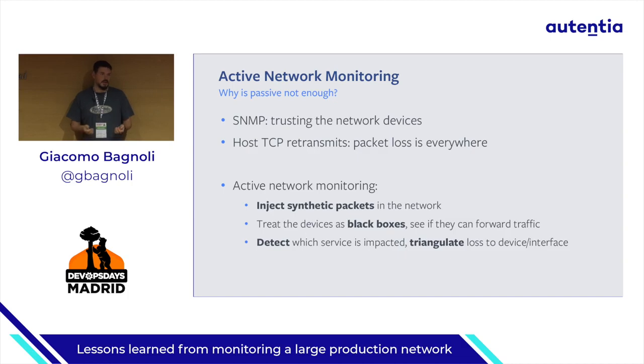We just care about whether we can move packets around. Is the network working? We send many of those probes from a lot of pingers to a lot of destinations, so we have many paths. Then we can do data analysis to figure out which part of the network is broken, which we call triangulation. Detection, whether the service is impacted, is a big part, and triangulation, or localization, is trying to find where the needle is.